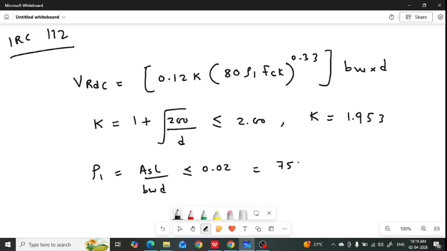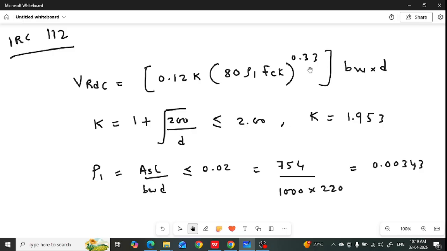That is 754 divided by 1000, BW is 1000, into provided D is 220, equal to 0.00343, which is less than 0.02. So you got the value, you can substitute in VRDC.